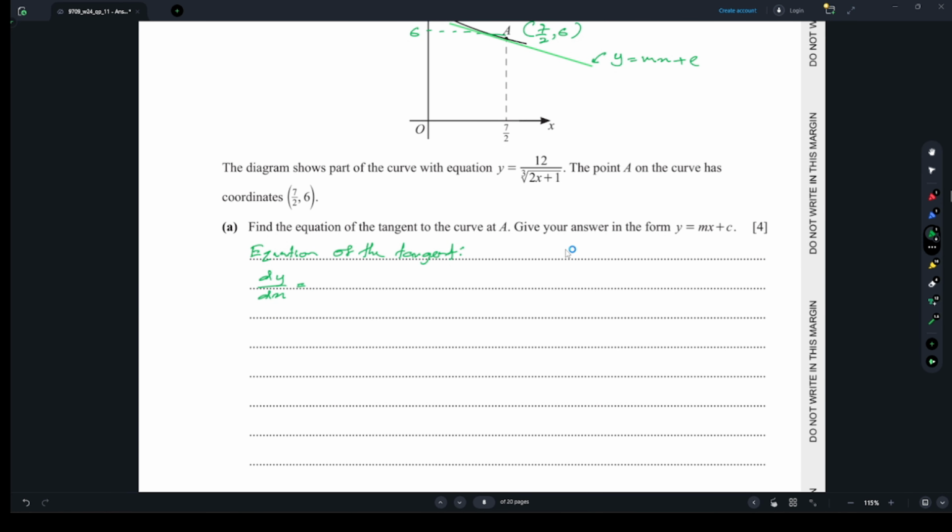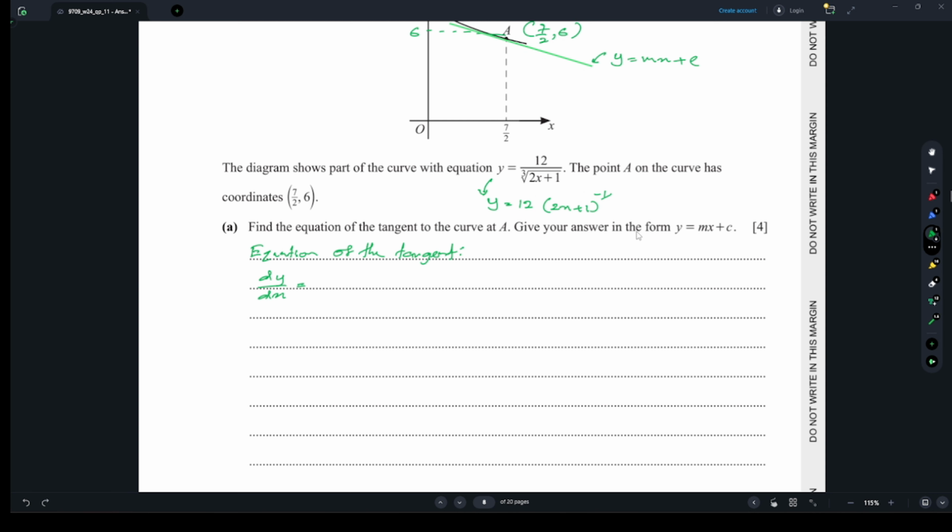Here I would modify this equation a little bit. We have y equals, so I will bring all to the numerator: 12 times 2x plus 1 to the power minus 1 over 3.